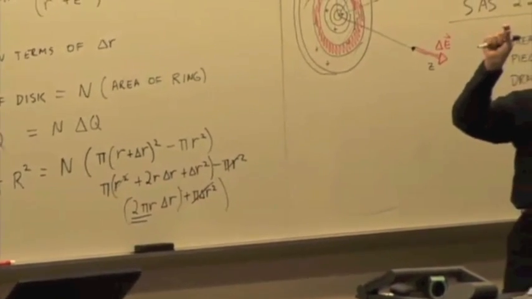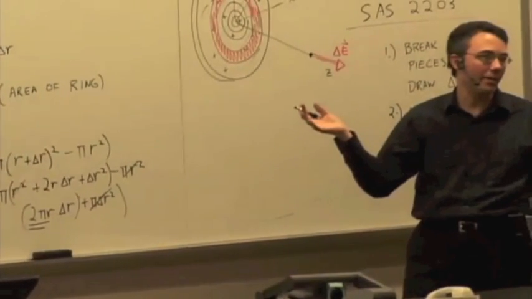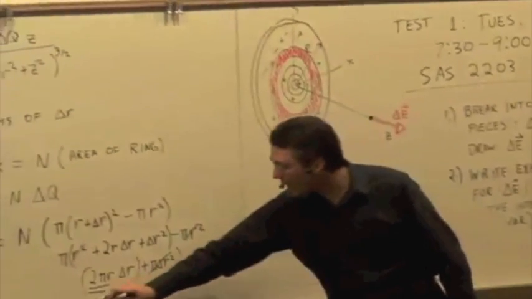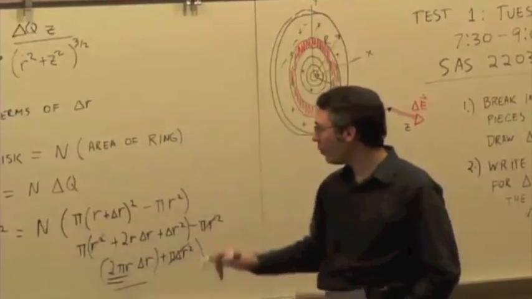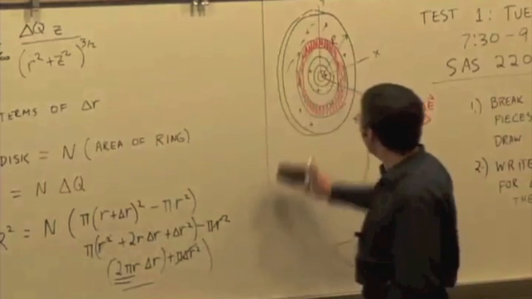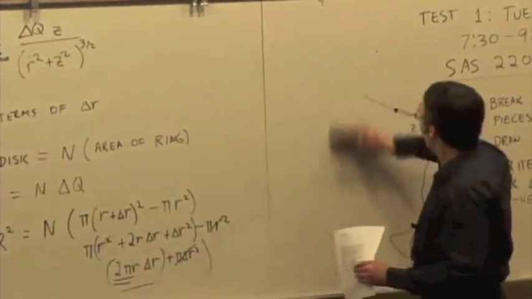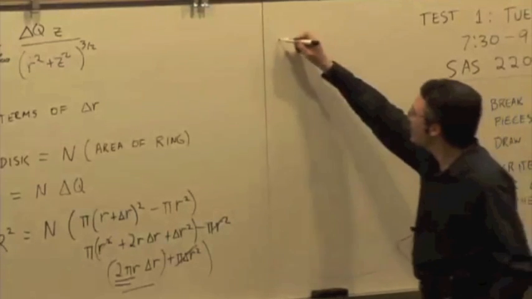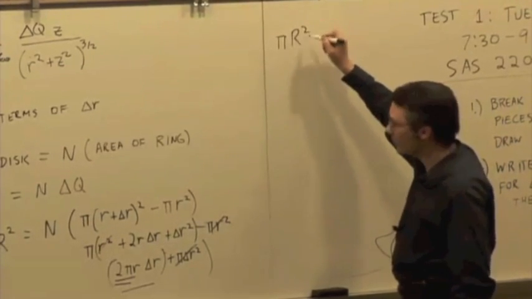So we have a length times the thickness giving us the area of that thin ring. Okay. So really 2 pi r times delta r is the area of the ring that we want. I'm sort of hand-waving around this, but it's just making an approximation.